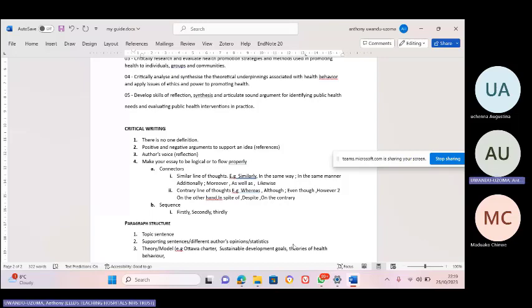Models of health promotion, the Ottawa Charter. There are some other things, but as we go on, you will know. This is just an example. It's not complete. But what theory or model underpins what you're trying to talk about?